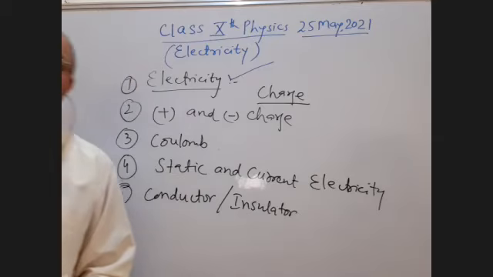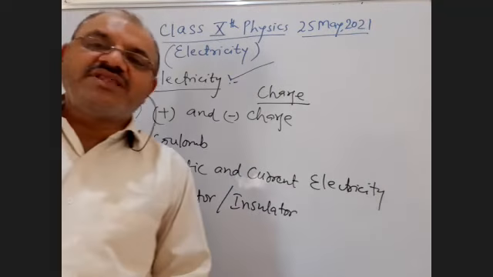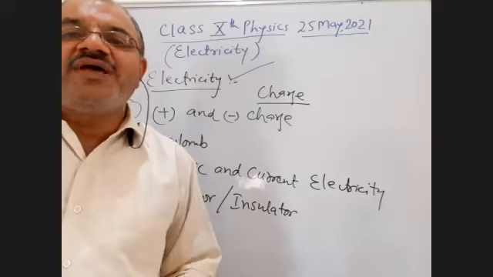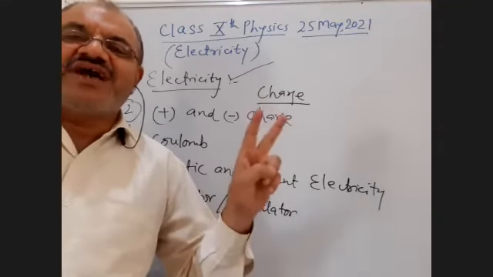That time they will acquire charge, and the charge is produced in the plastic scale or the comb. So whenever we are rubbing any 2 objects, charge is produced.